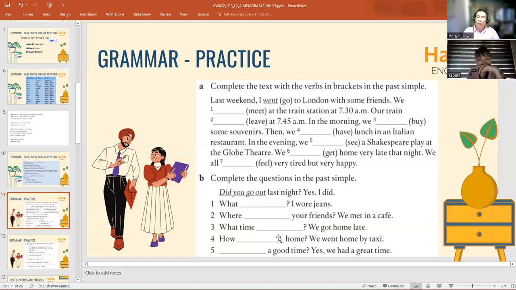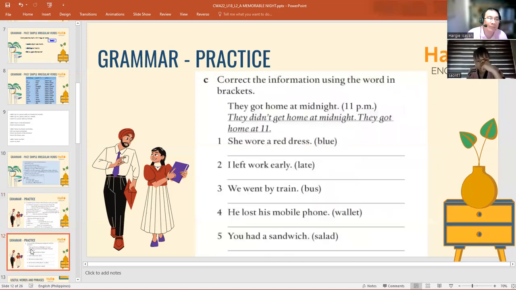And then did you have a good time? Yes, of course, we had a great time. Very good. Okay. Now correct the information using the word in the brackets. They got home at midnight. So they didn't get home at midnight. They got home at 11.